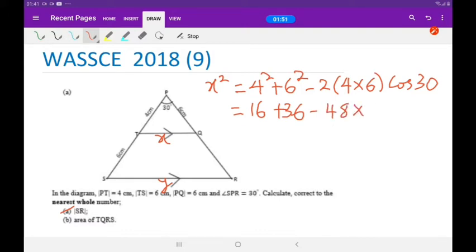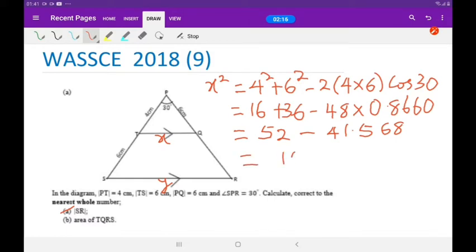And cos 30 will give us 0.8660. Very good. Therefore, we're going to be having 16 plus 36 will give us 52. And 48 times 0.8660 will give us minus 41.568. And that will be equals to 10.432.